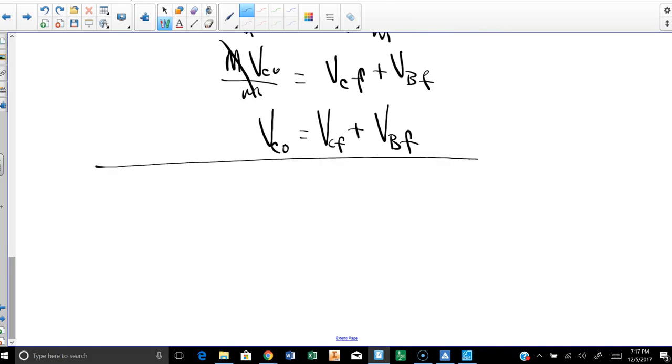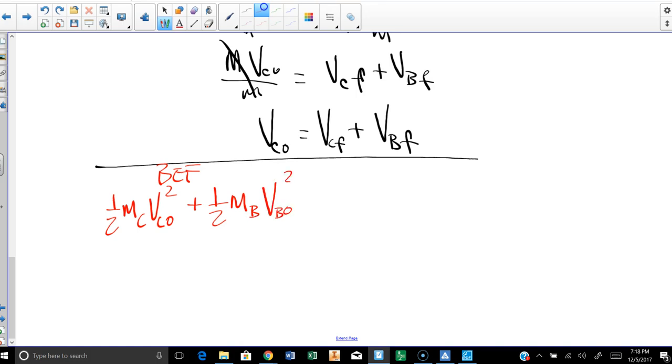What about kinetic energy? We are going to have to use kinetic energy for this. I lied earlier. Before, only the first ball had kinetic energy. So 1/2 mass of the cue ball, velocity of the cue ball initial, squared, plus 1/2 mass of the regular ball times the velocity of the regular ball originally squared.